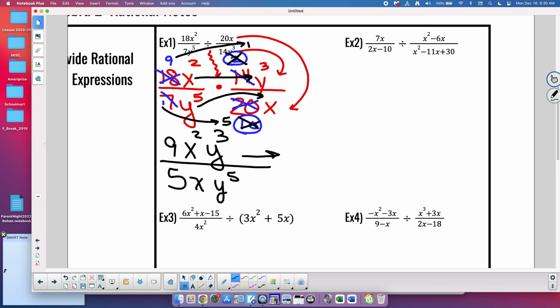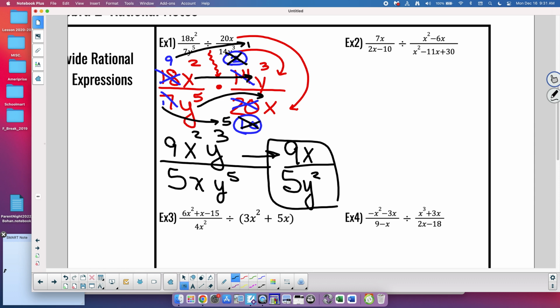Now look at the one fraction that's left over. 9/5 is reduced. What about x squared over x? It'd be x on the top. 9x. Y cubed over y to the 5th. There's more y's in the bottom, by 2. So this would be y squared. 9x over 5 y squared. I'm telling you, I think monomials are easy, but they're super messy. Really easy to make a mistake.